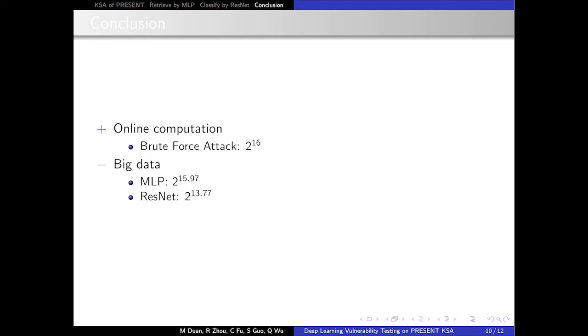For a brute force attack, it needs 2 to the power 16 data and 16 KSA computations online theoretically. So the deep learning method costs less online computation time, but at the cost of more offline data. This drawback is also a significant feature of deep learning, that it relies on big data.